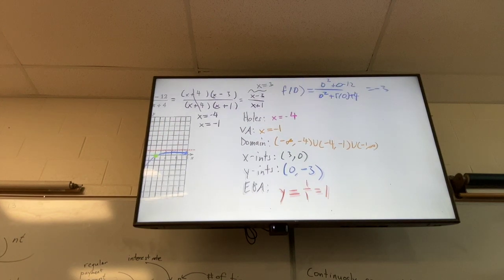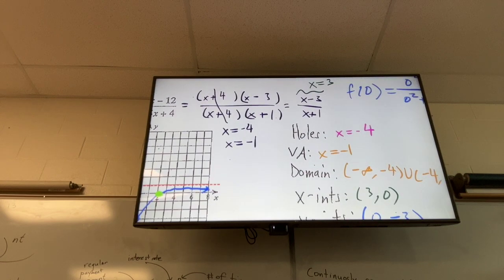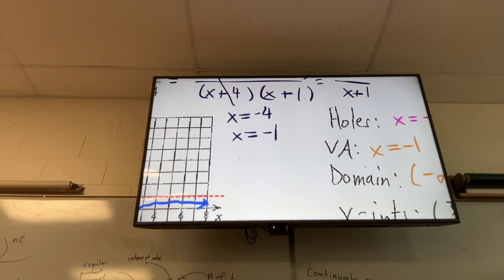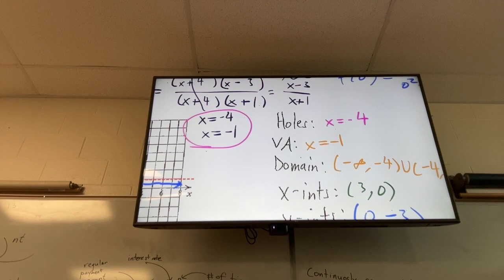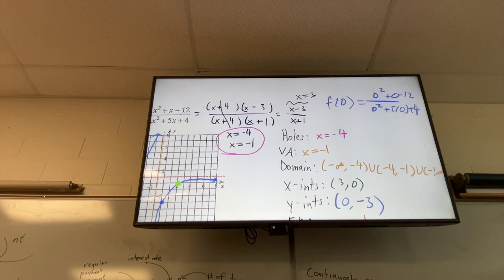Okay. All right, so remember, we find our excluded values. We got our 2 excluded values here. Which one was my hole and which one was my vertical asymptote? How do you know whether an excluded value is a hole or a vertical asymptote? We talked about this, what, 3 days ago now?